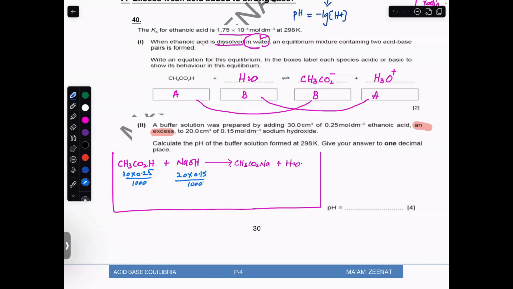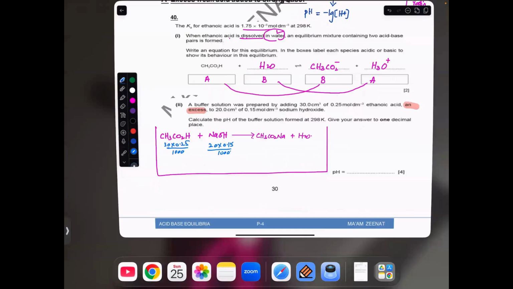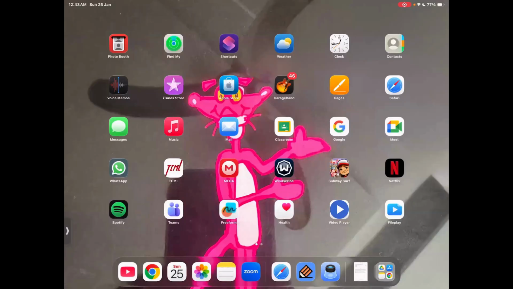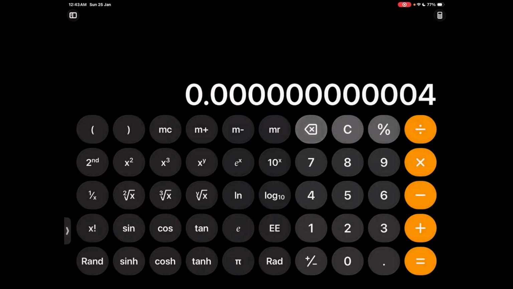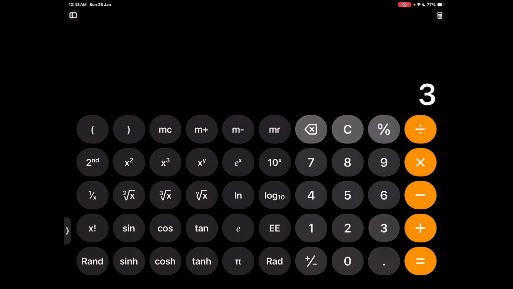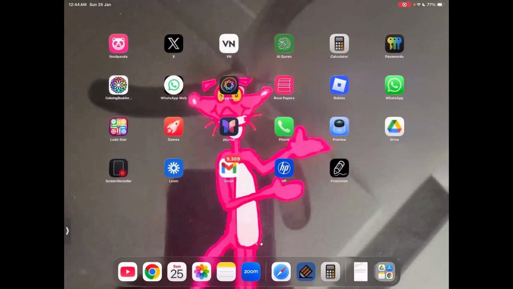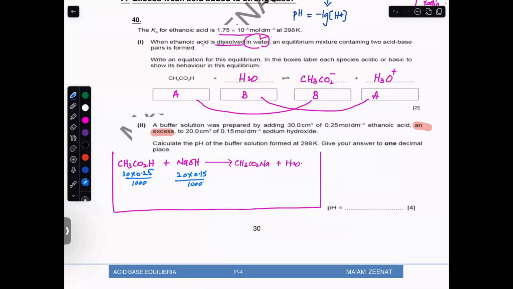So 30 into 0.25 divided by 1000 is 0.0075.